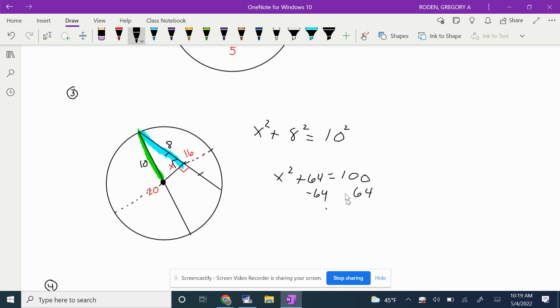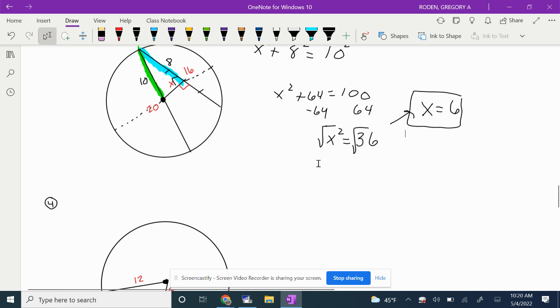What is 100 minus 64? So we get x squared equals 36. Take the square root of both sides. Whenever we square root both sides, we always do what? Plus or minus, but we throw out the negative because we're in geometry right now. So this is going to be x equals 6. Okay, so the key to this is to know that this is part of an imaginary diameter that's perpendicular, therefore it's bisecting. Okay, guys got it? Okay, next problemo.